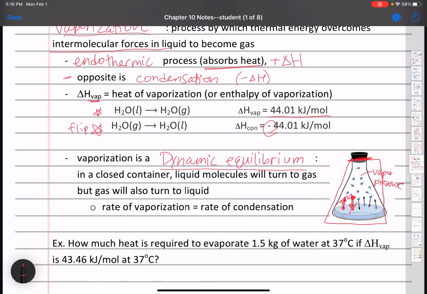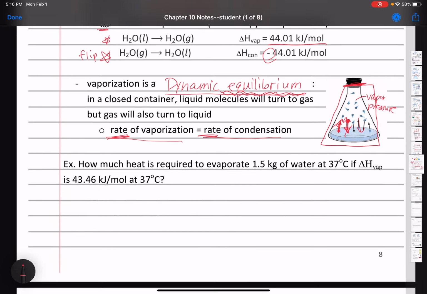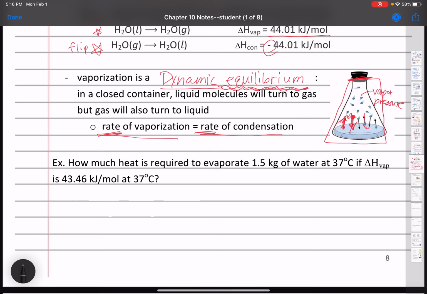It's that they're going into the gas and coming back into the liquid at the same rate. Equilibrium, which we're going to do more of this semester, is defined by equal rates. So it's not that there are equal amounts of gas and liquid, it's that the rate of vaporization is equal to the rate of condensation. So this is a little introduction to the concept of equilibrium.